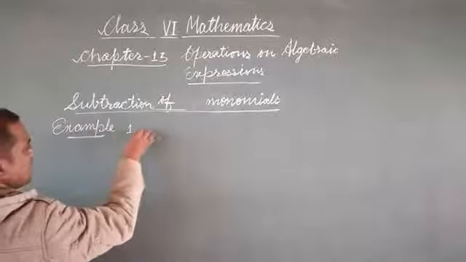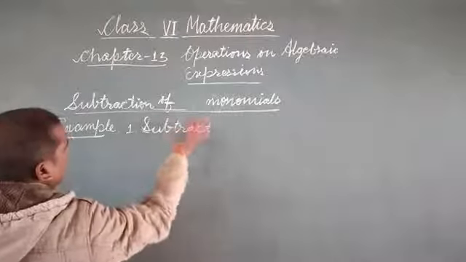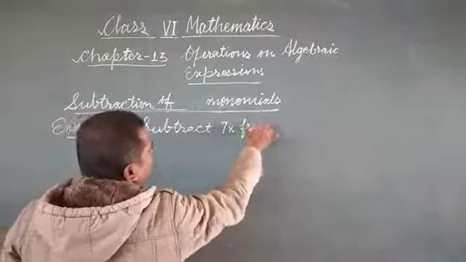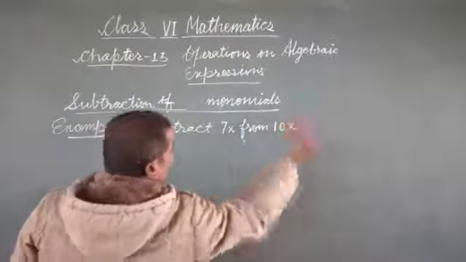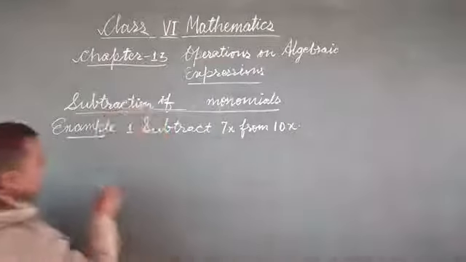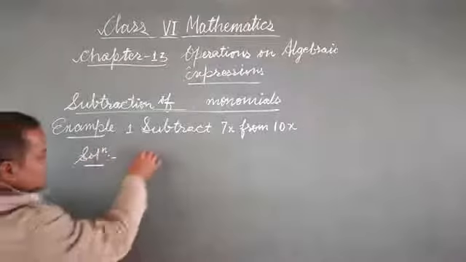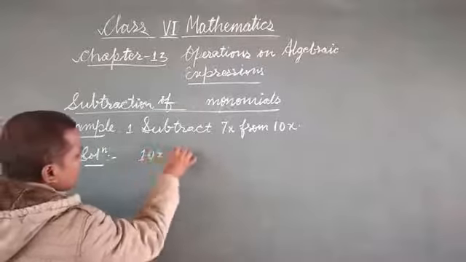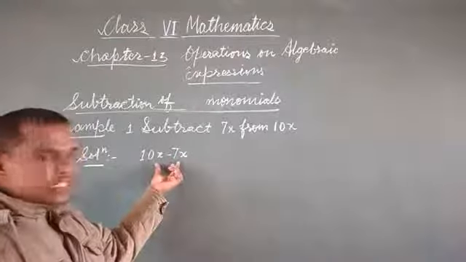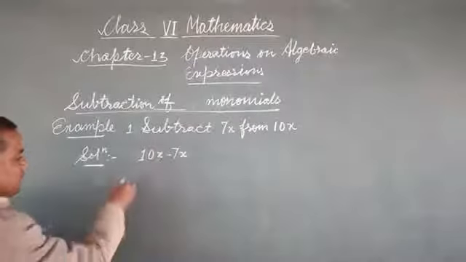Example one: subtract 7x from 10x. It is clear that we have to subtract 7x from 10x, so we will write the solution: 10x minus 7x. Now we see these two are like terms, so we simply subtract.